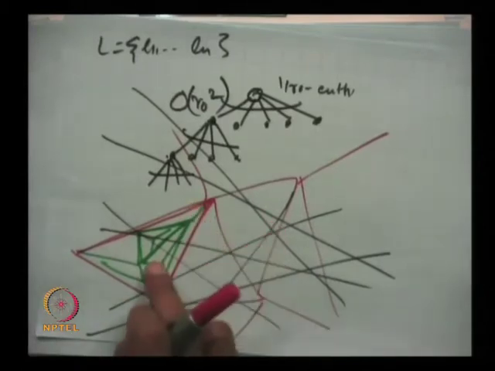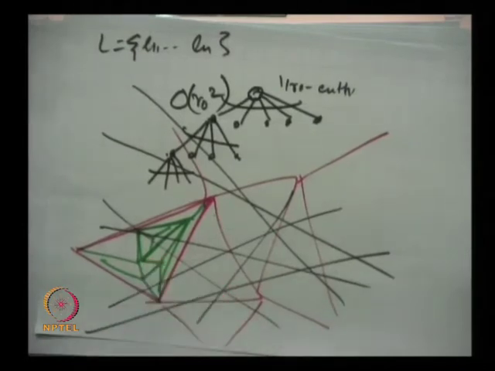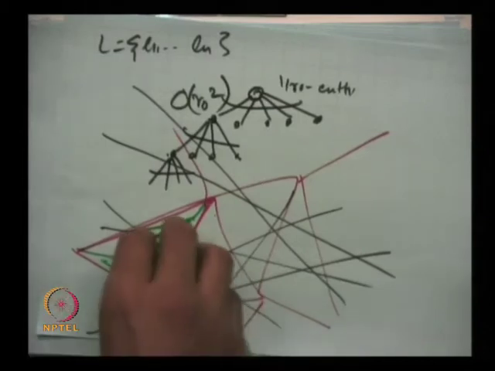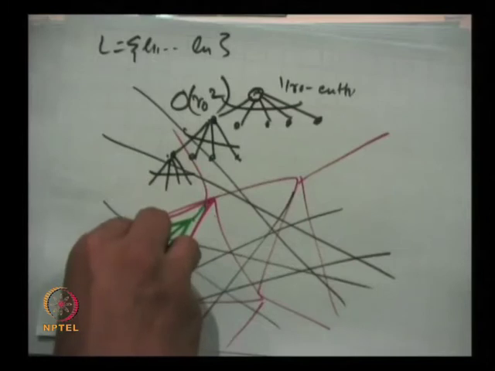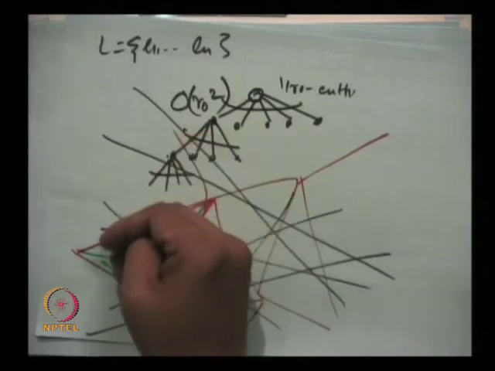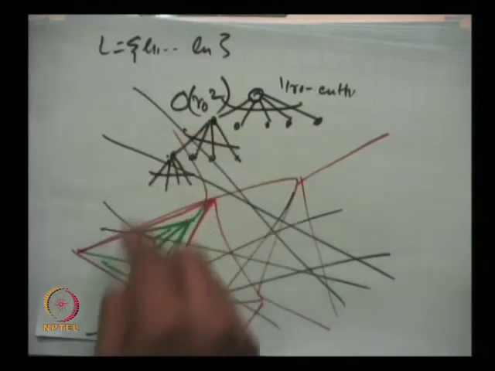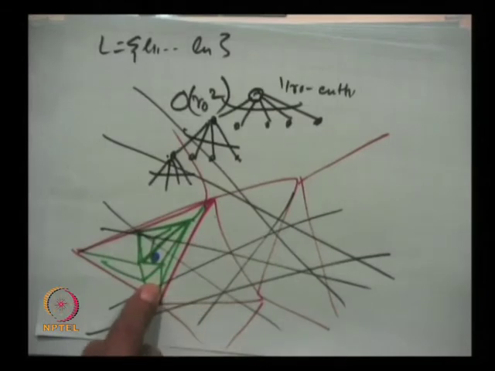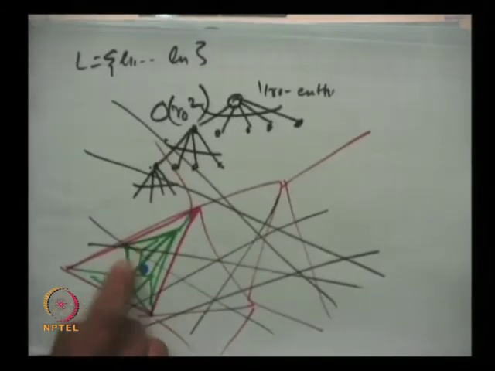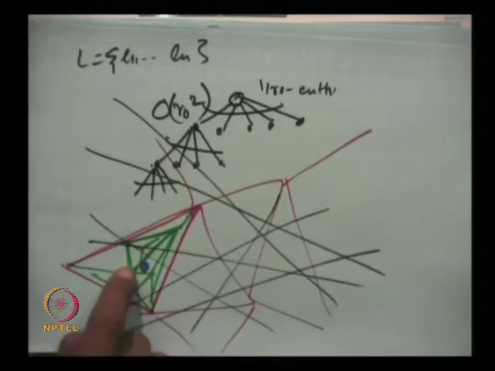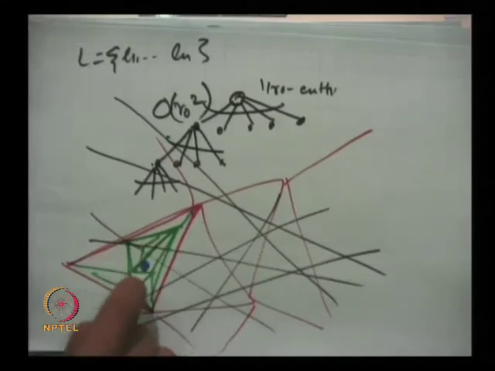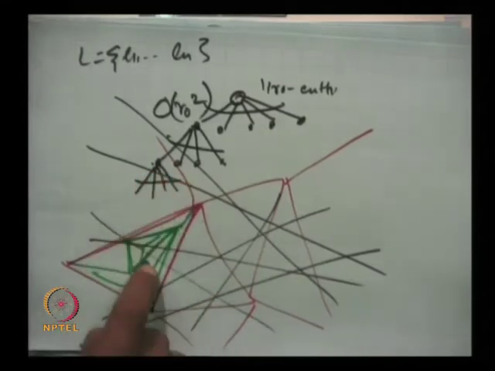Okay. So suppose I know that the query point lies here. Now the lines that intersected this triangle, I have no clue whether they lie above or below. But for the lines that do not intersect this triangle, I know, am I right, that for any point inside this triangle, the answer will be the same. So if a line lies below the triangle, it doesn't matter where the query point lies inside this triangle, this line will lie below this point. And if a line lies above the triangle, it doesn't matter where the query point lies inside that triangle, I know that this line will lie above this point.